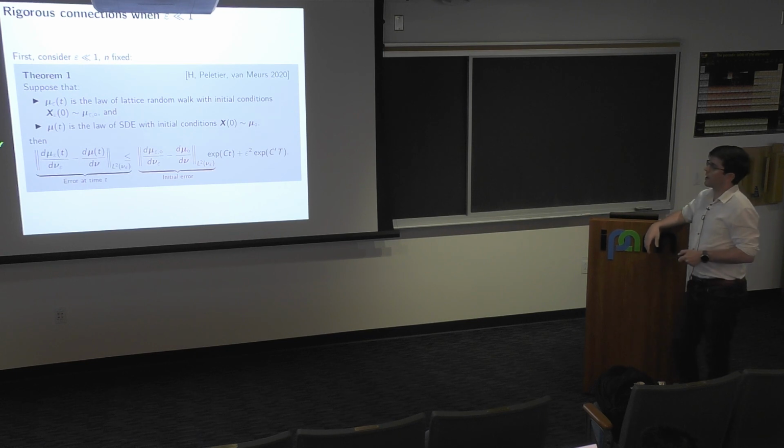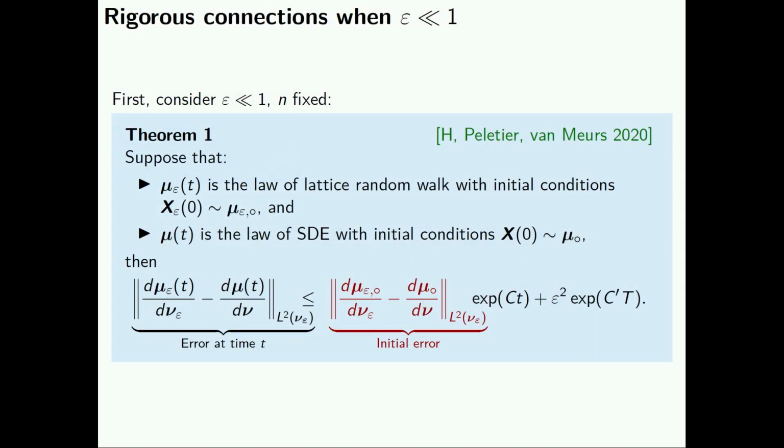So what does it say? If I take the random walk for n dislocations on a lattice spacing of epsilon, and I take the SDE model, and I compare the laws at time t, evolving from initial laws, which can be random or deterministic, then this is how it behaves.